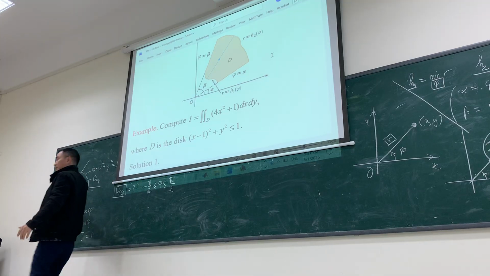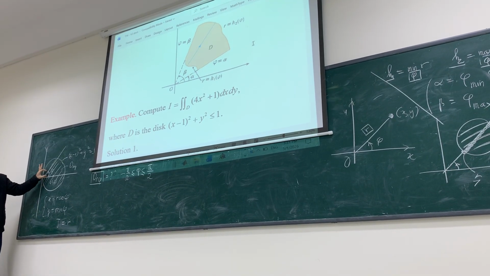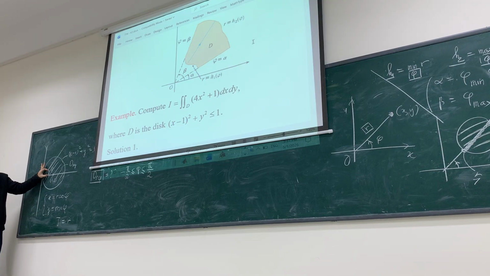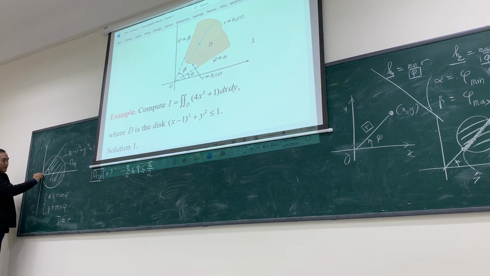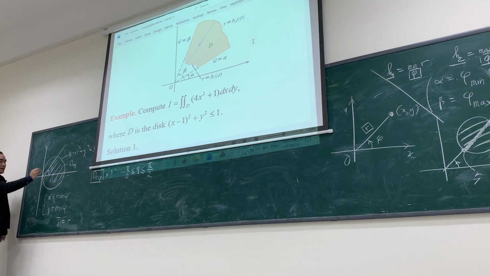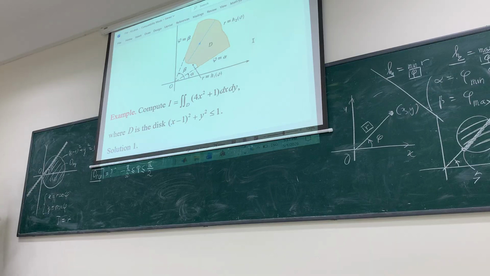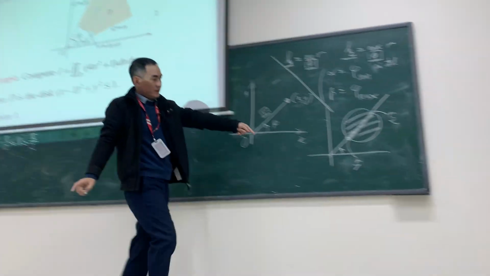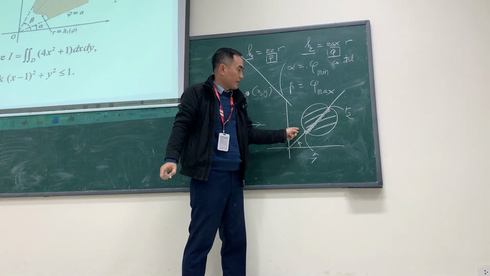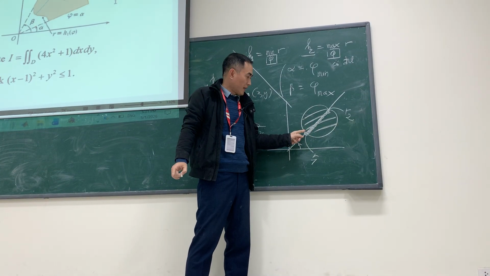Now, let's see. Perhaps you can say when we fix phi, you can see this line. This line intersects the boundary of domain D at 2 points.